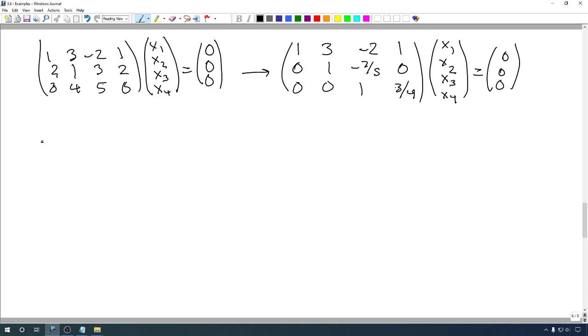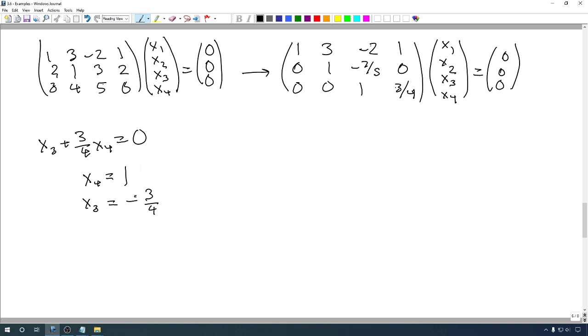So our last equation is x3 plus 3/4 x4 is equal to 0. Or in other words, if we pick something for x4, that will determine x3. If we pick x4 equals 1, then x3 is going to have to be negative 3/4 times x4.